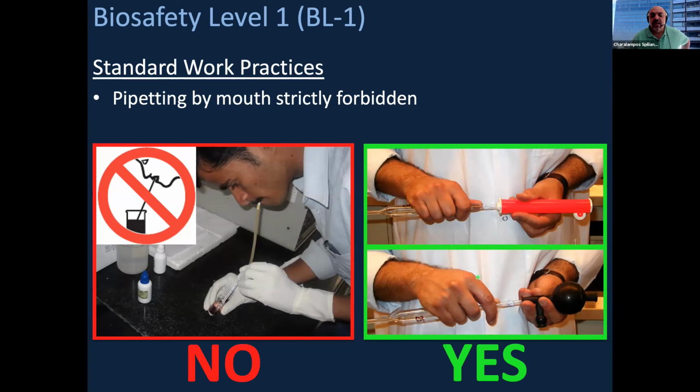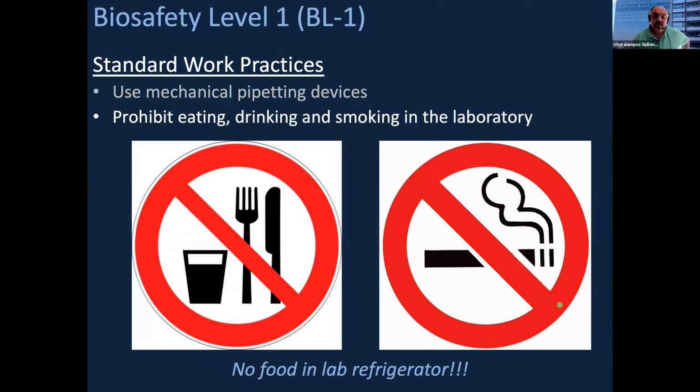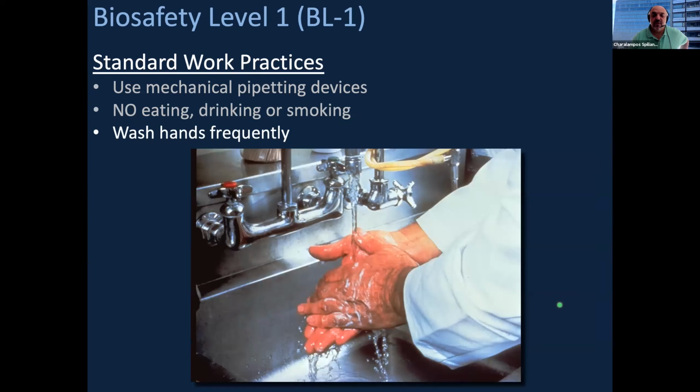So in any case, whenever we pipette, we should use mechanical pipettors. As I said, never drink, eat, or smoke in the laboratory. Quite importantly, never store food in the refrigerators within a laboratory space. There are designated refrigerators outside the laboratory space where one can keep their food.